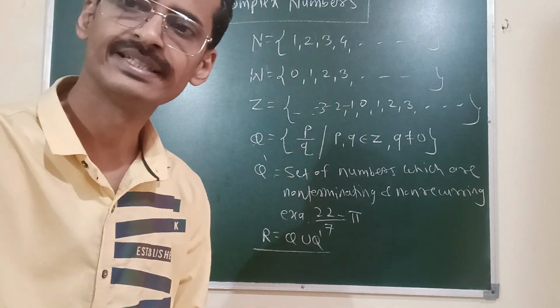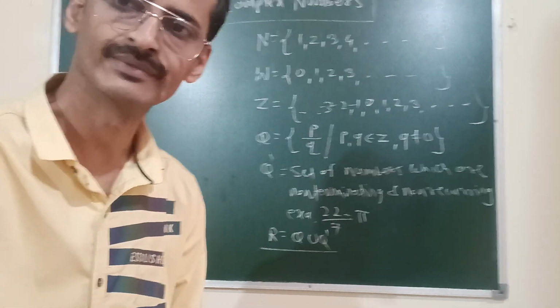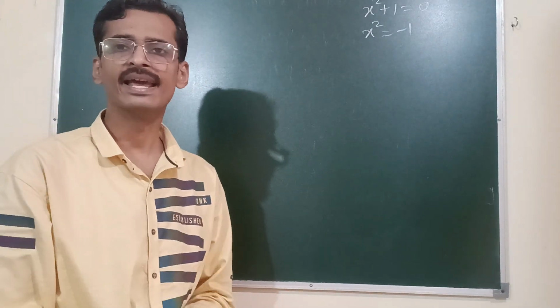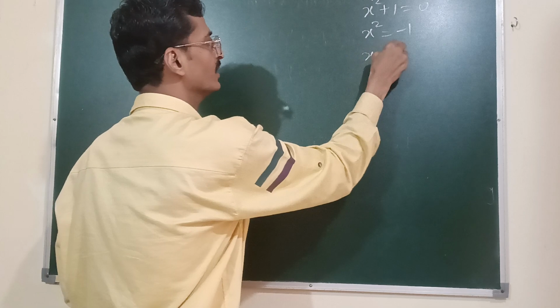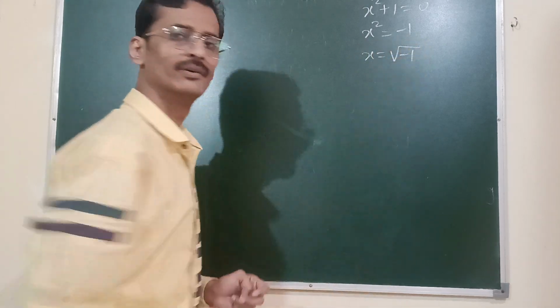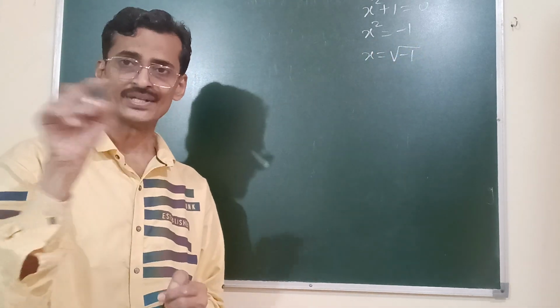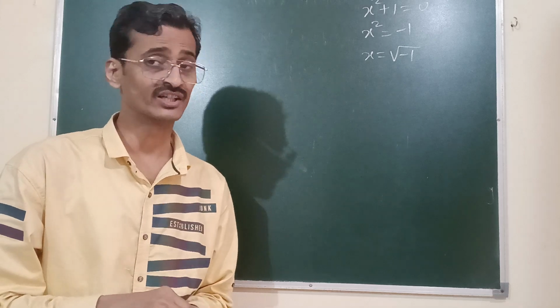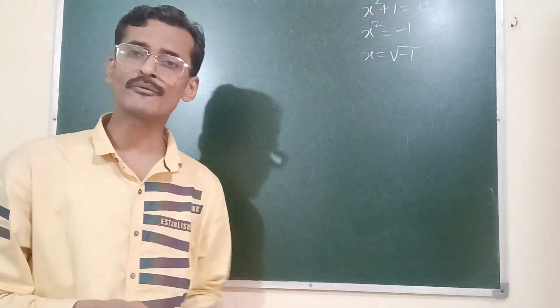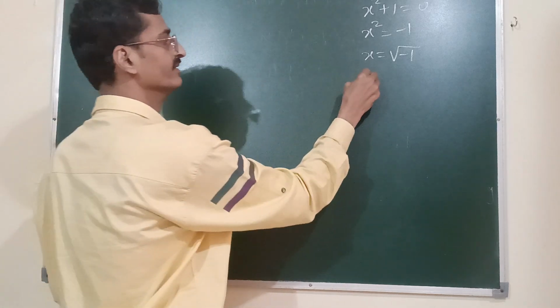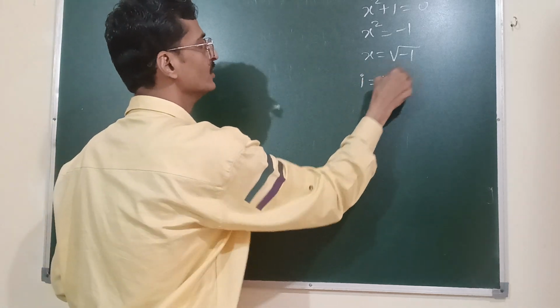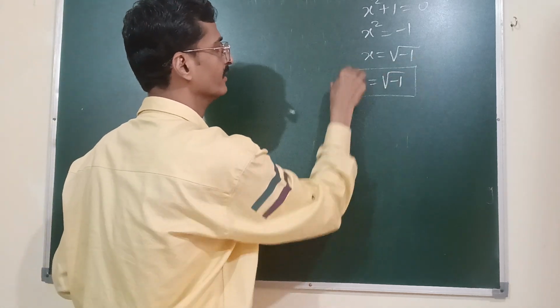Let us see the definition of complex numbers. When x square is minus 1, we can write x as root of minus 1. Here a negative number is under the root, so this is not a real number. This root of minus 1 is defined as i. i is root of minus 1.